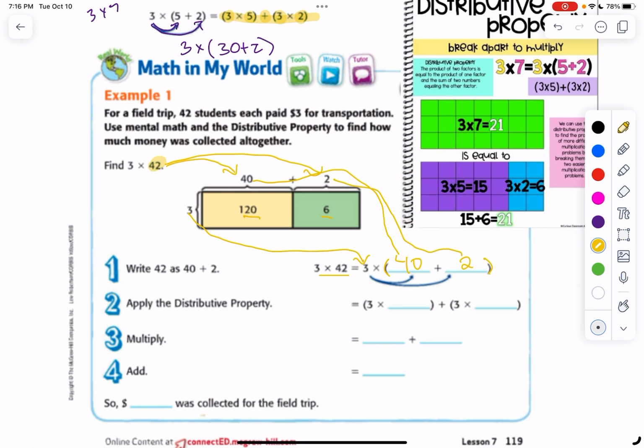Or I can break it up, putting parentheses around each part: 3 times 40 plus 3 times 2. So after we've multiplied, 3 times 4 is 12. There's a 0, so 3 times 40 is 120. And 3 times 2 is 6. So we see that 3 times 42 is 126. So $126 was collected for the field trip.